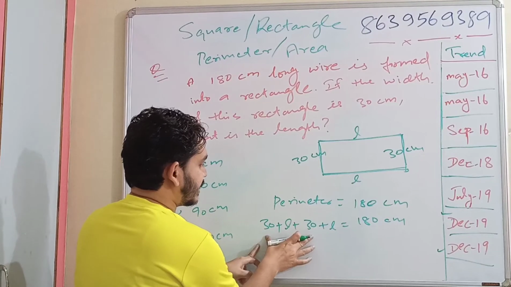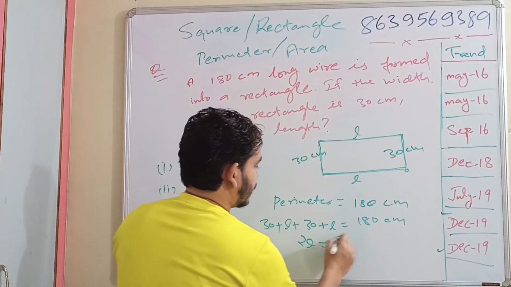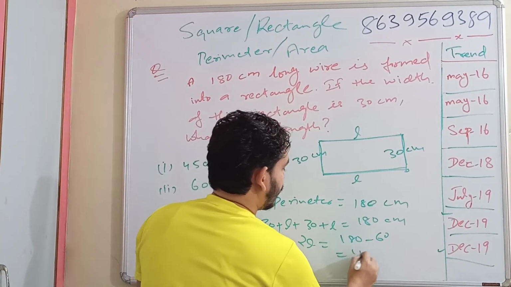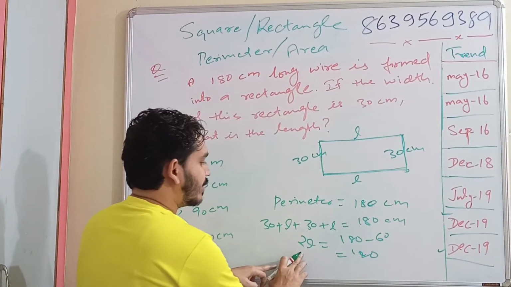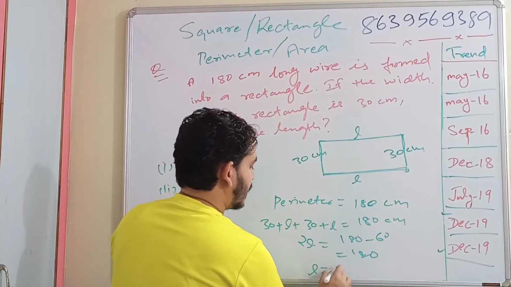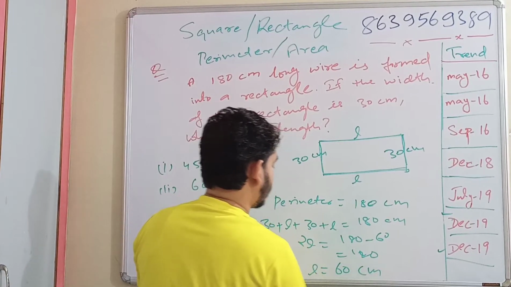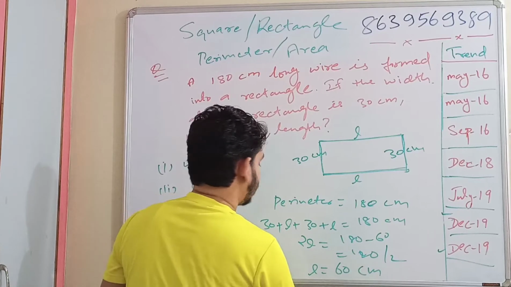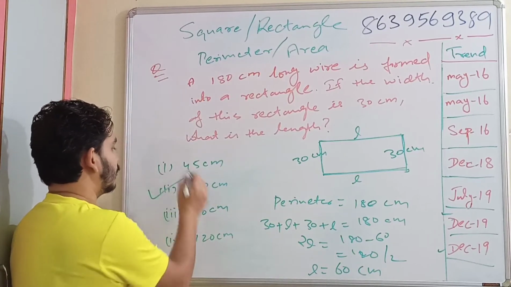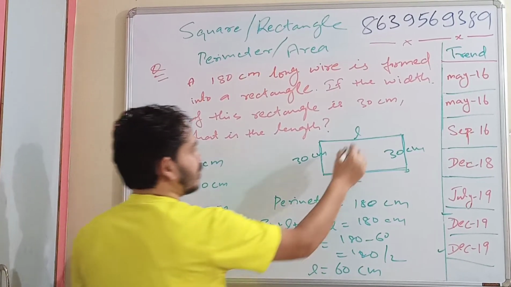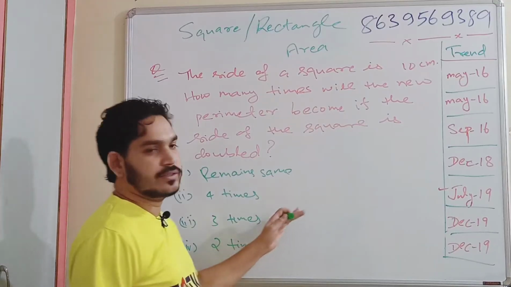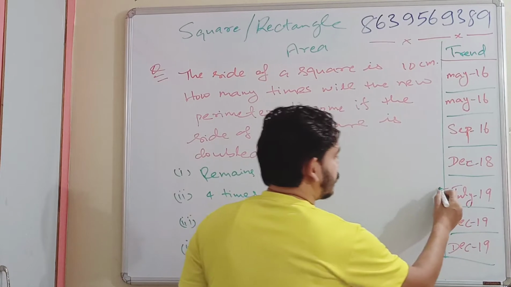This is 60. 2L is equal to 180 minus 60. So that will be 120. Now 2L is 120, L will be nothing but 120 by 2, so 60 centimeter. Option 2, 60 centimeter. The length will be 60 centimeter. So this is one question which has come in July 19.